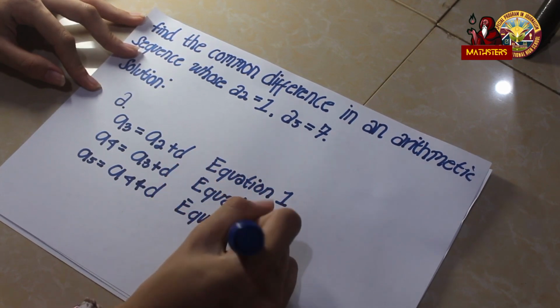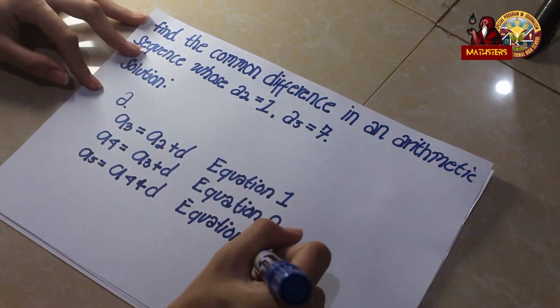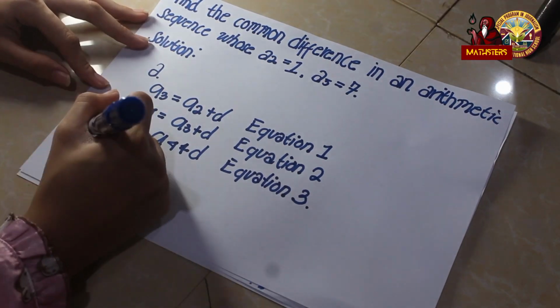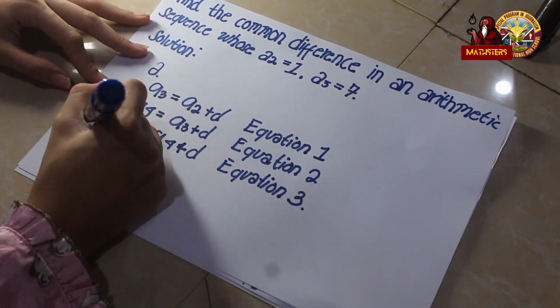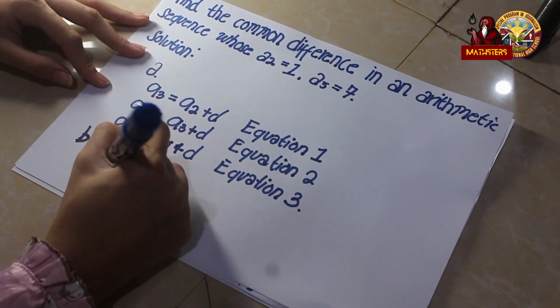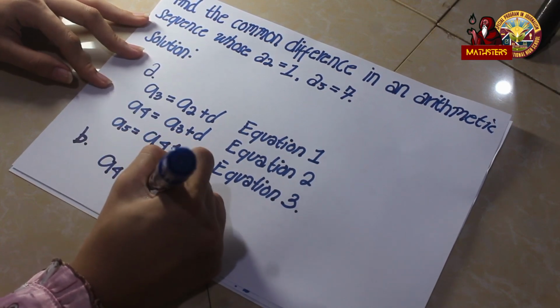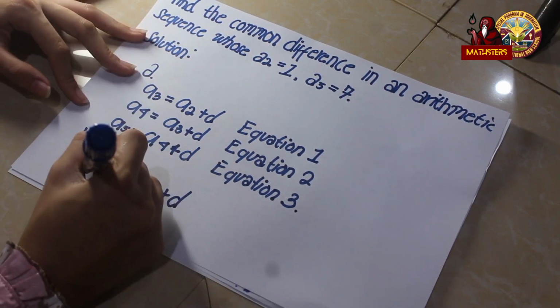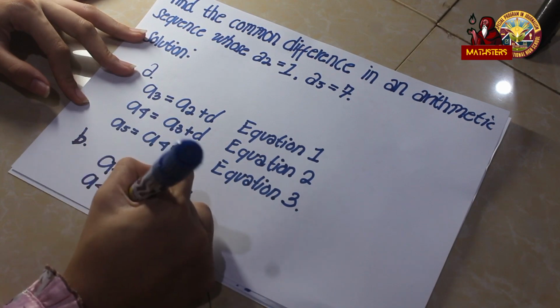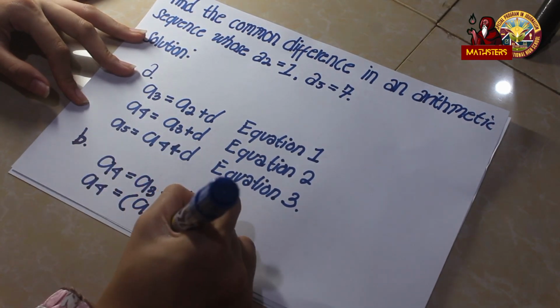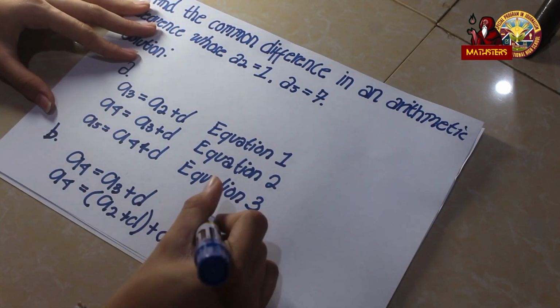Now, let's substitute the expression for a sub 3 in terms of a sub 2 and d into the equation for a sub 4. We get a sub 4 equals a sub 2 plus d plus d, which simplifies to a sub 4 equals a sub 2 plus 2d.